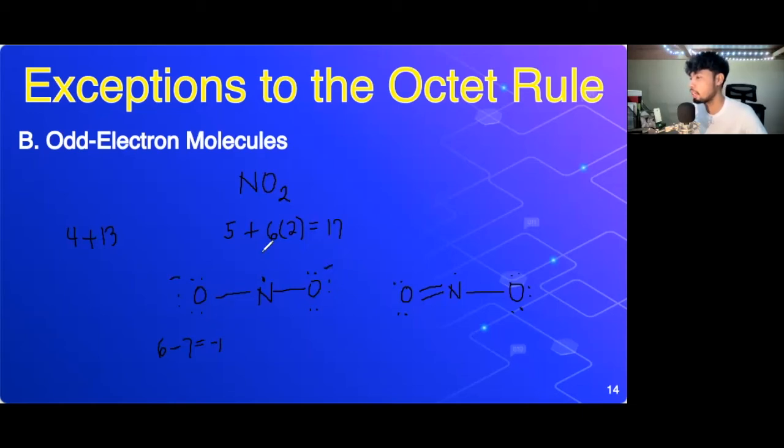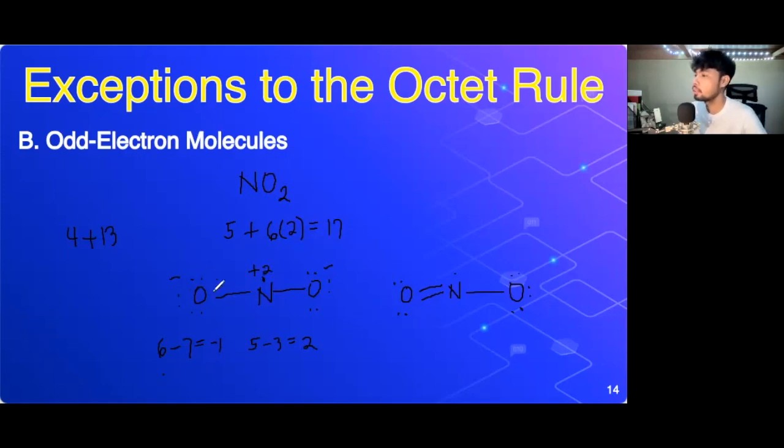For this nitrogen atom, we have 5 as its valence electrons, and the number of assigned electrons is 3. So the difference is positive 2. So this nitrogen atom has a formal charge of positive 2.